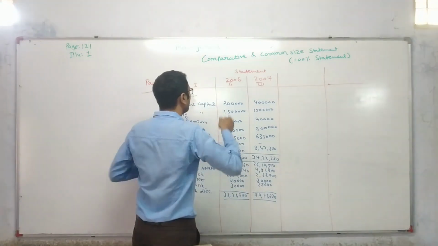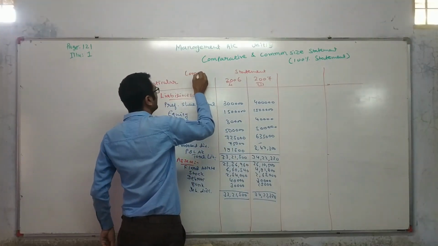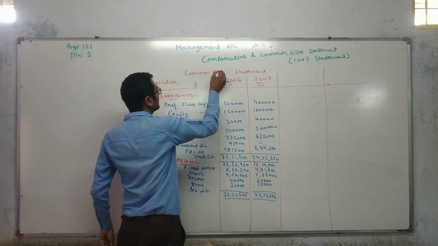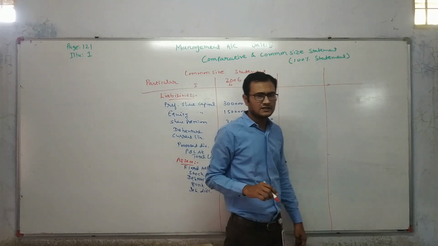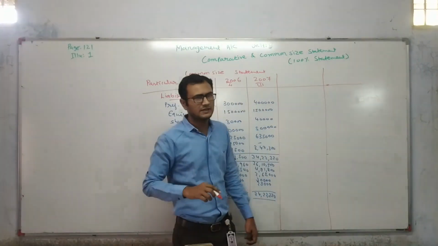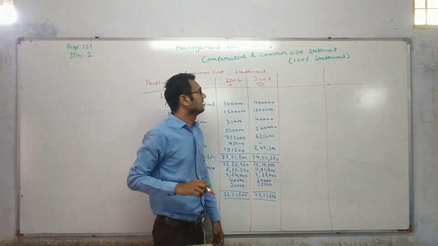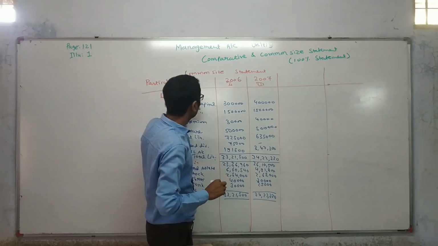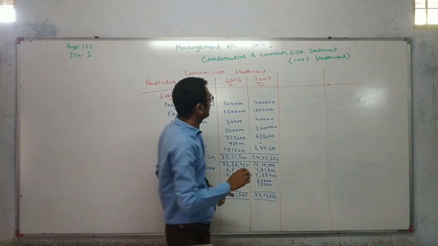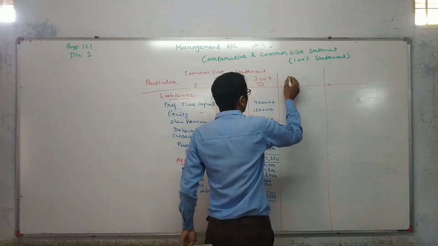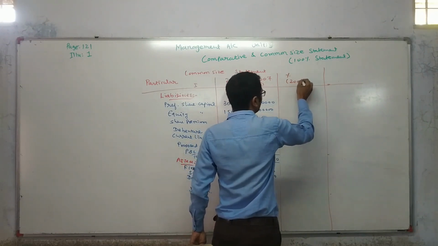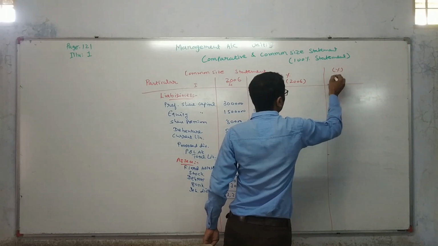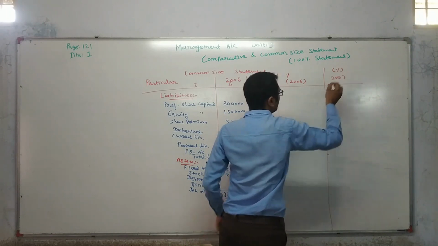Now common size statement is also called 100% statement. So don't get confused; in the exam it can be asked to prepare a 100% statement. Now particular 2006, percentage of 2006 and percentage of 2007.